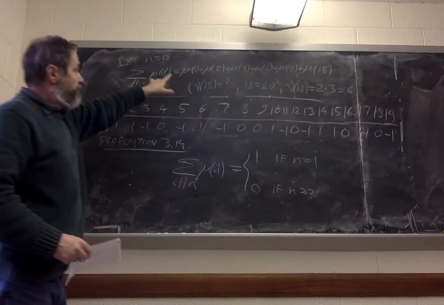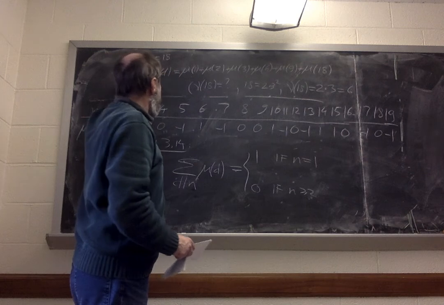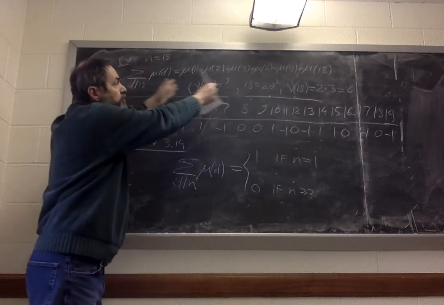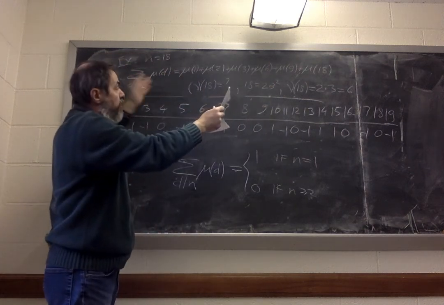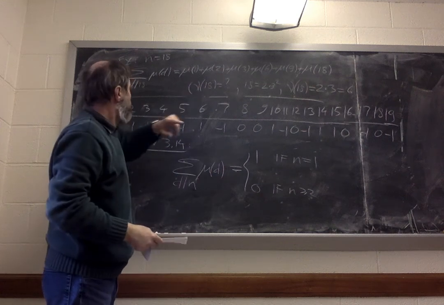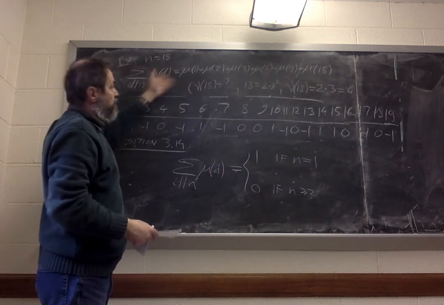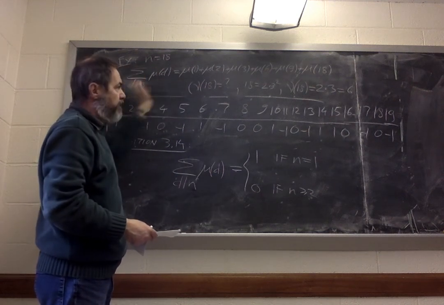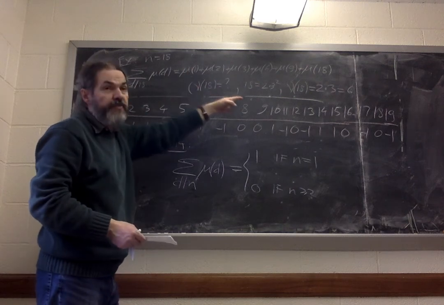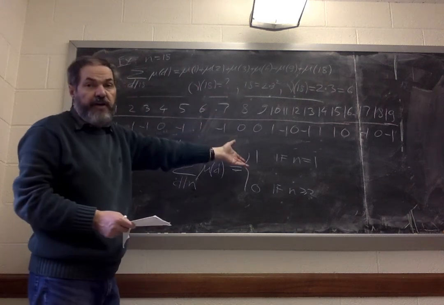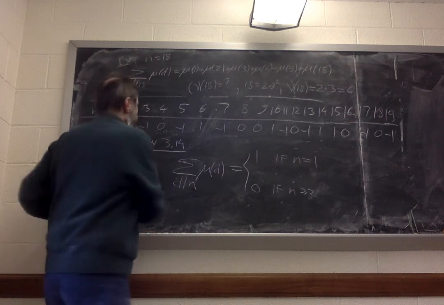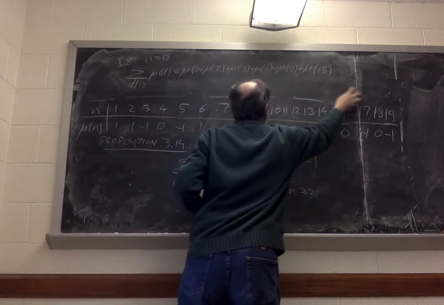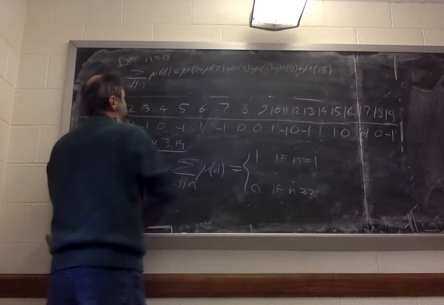Well, I got the divisors, so I wrote it in this longer form, but it's the same thing as this sum, by definition of this symbol. But I still need to compute the values. Now, we already have the values computed for the Möbius function.